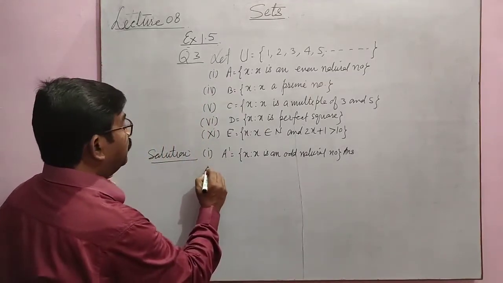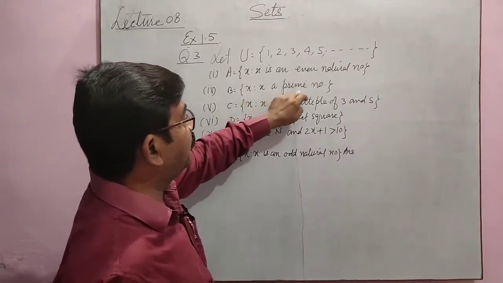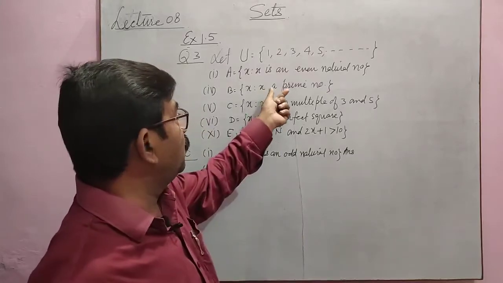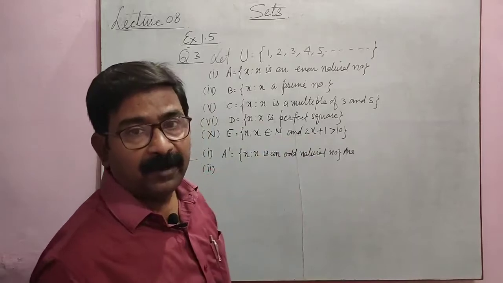Now in the second part, x such that x is a perfect square. Very simple, perfect square. So when you remove the perfect square numbers from the universal set, what do we have left?